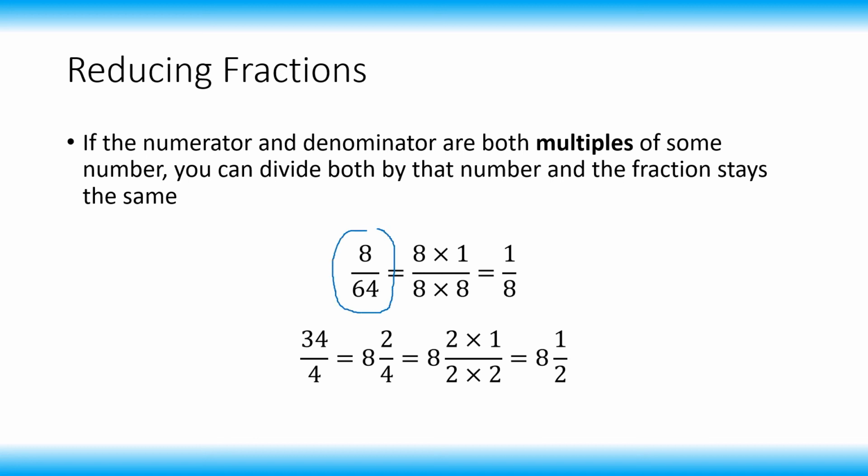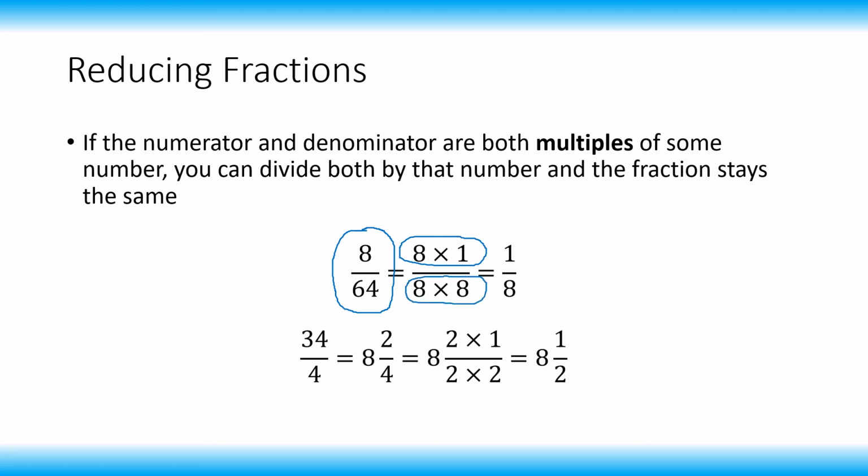So what I mean by that is, if you look at this example here, we've got 8/64ths, but your keen eye may have recognized that both of these are multiples of 8. So we can rewrite this as 8 times 1, that's the 8 on top, and 64 is 8 times 8.